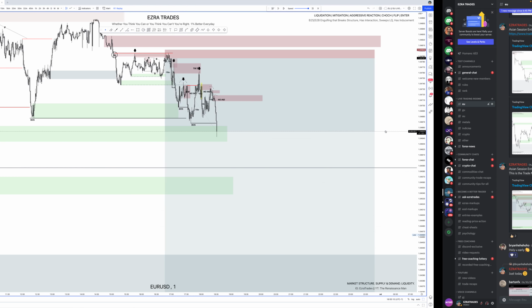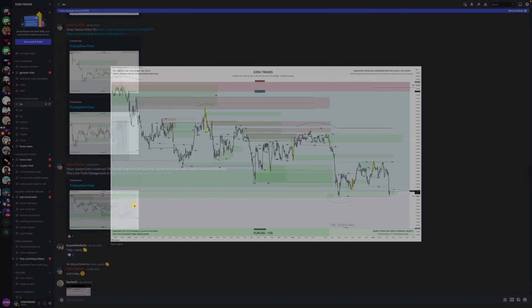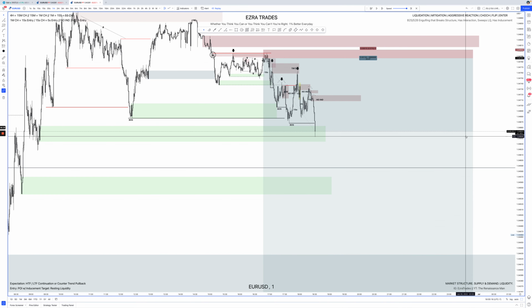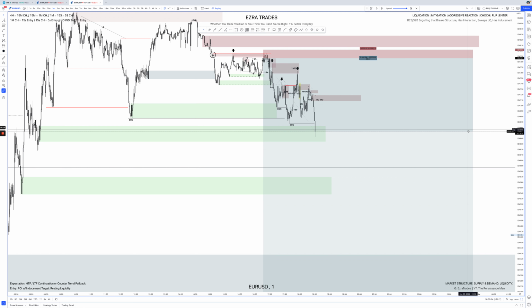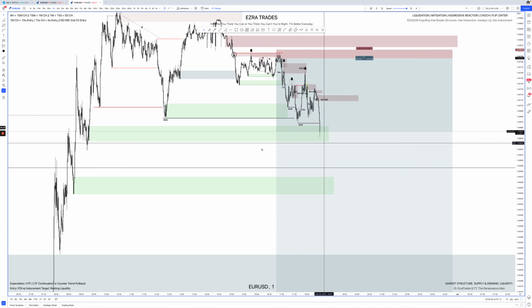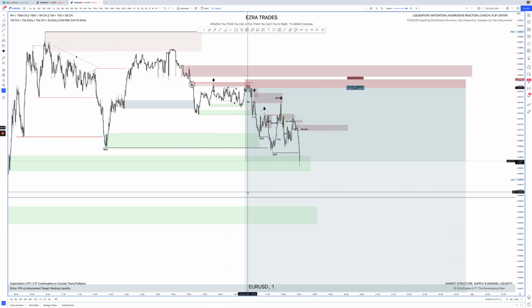Let me go back to see where I took my profit. It would be 4629. Oh, it's still lower. All right, so we still haven't gone to that zone yet. Okay, so let's keep watching.